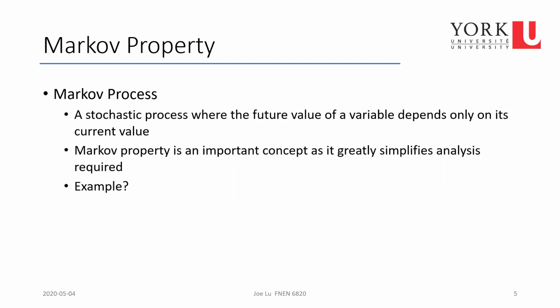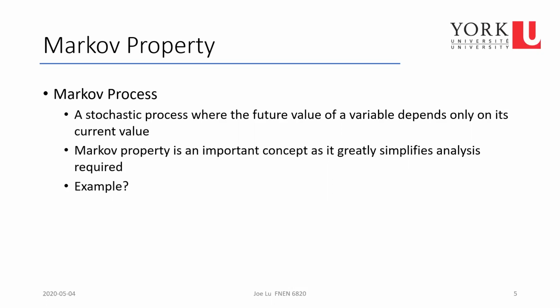Whereas if you have a non-Markov process, then the change of the state variable or the future value of the state variable depends not only on its current value, but also on the history. Depending on the history means that how you get to this point matters. So let's say you have something that depends on the stock price. Then a Markov property will mean that, as long as the current stock price is so and so, your derivative will have this particular price.